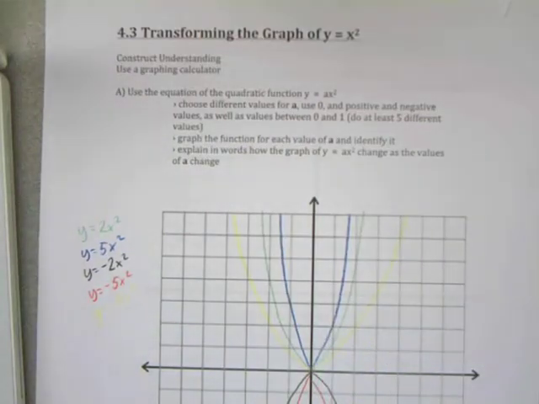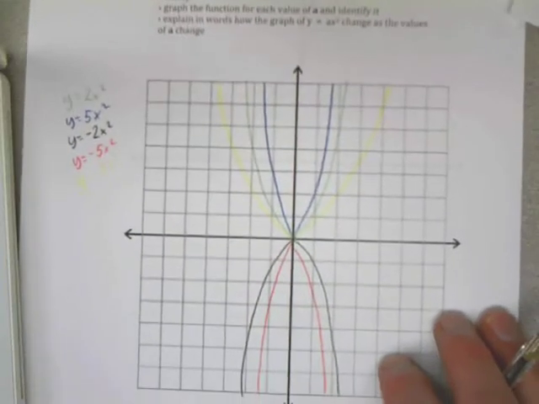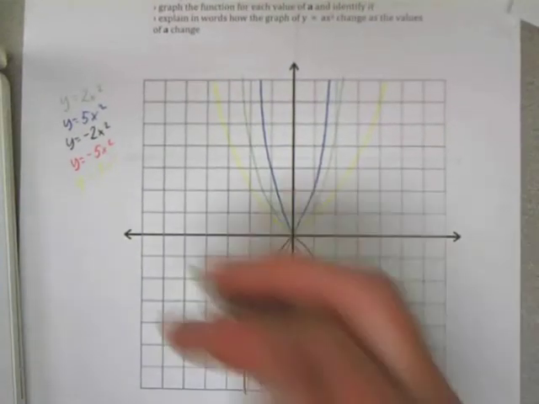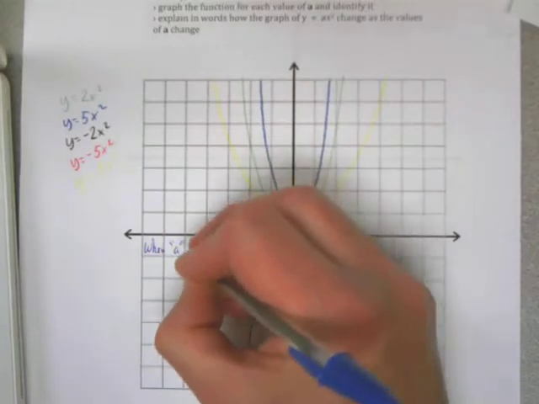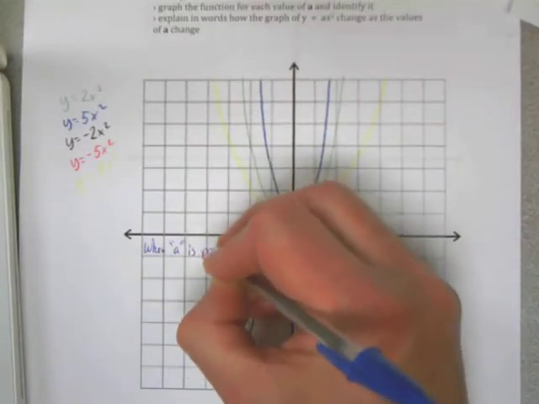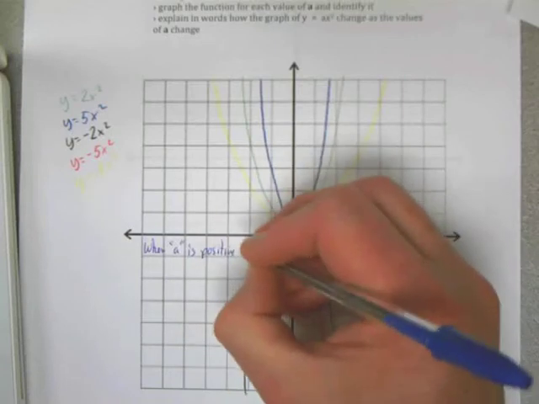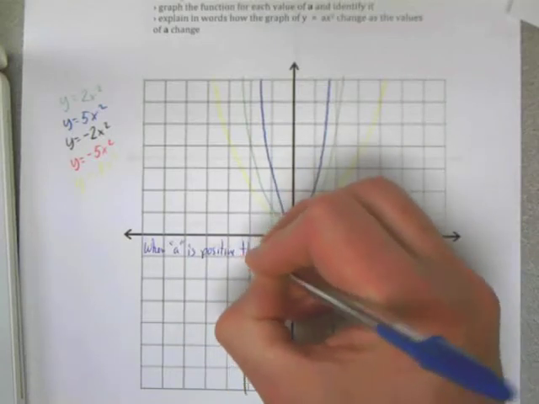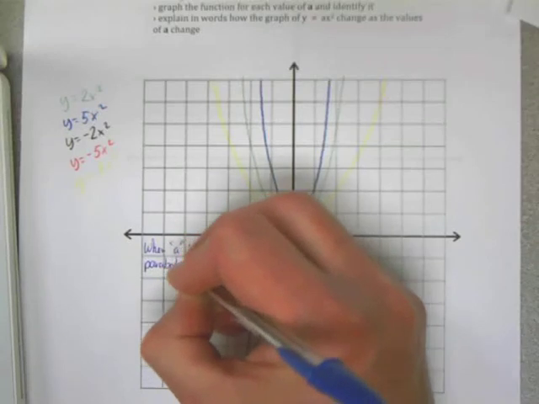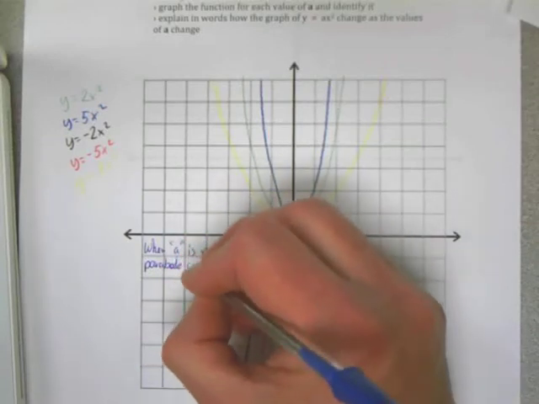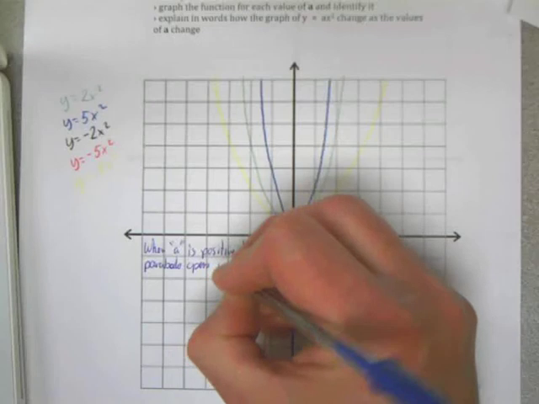So from those movements, I can see that when a is positive, the parabola opens up.